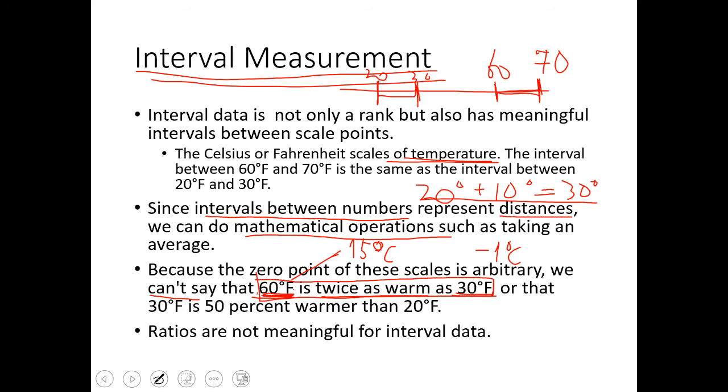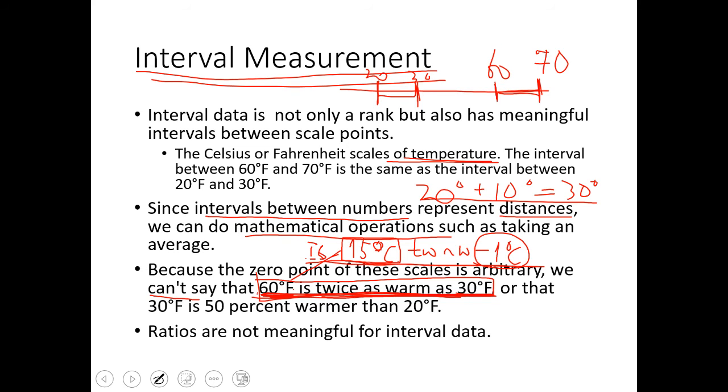But if you change it to Celsius, then 15 degrees Celsius is twice as warm as minus 1 Celsius. It is nonsense. 15 degrees is not twice as warm as minus 1 Celsius. So this sentence looks good for Fahrenheit, but if we change Fahrenheit to Celsius, the sentence is nonsense.